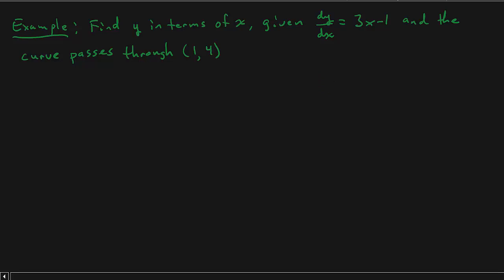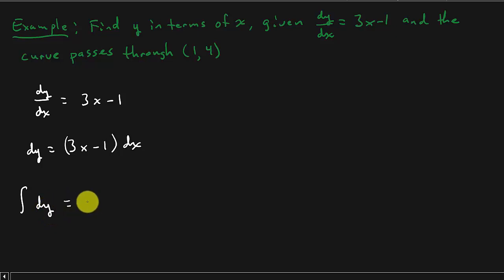All right, so we've got dy/dx is equal to 3x minus 1. And so that's going to be dy is equal to 3x minus 1 times dx. Now, what do I need? I need to know what y is. It says find y in terms of x. So I'm going to integrate both sides.